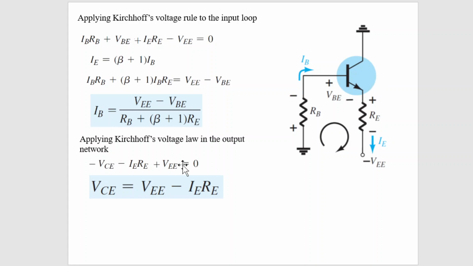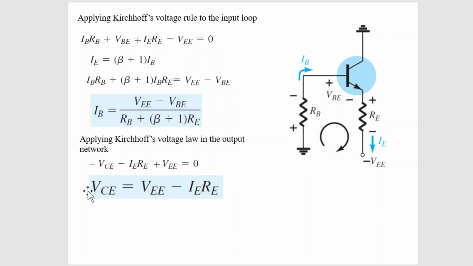Again, we can find out the collector emitter voltage drop by applying Kirchhoff's voltage law in the collector emitter loop. Because there is no collector resistance, there is no voltage drop there, so we have plus VCE plus IE RE minus VEE is equal to 0, or we can write it as minus VCE minus IE RE plus VEE is equal to 0.